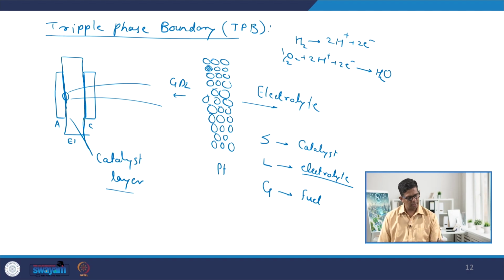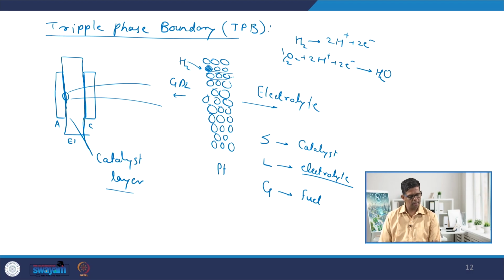So, if you are interested in this location in particular, and hydrogen reaches this particular site, in other words we have the gas, that is fuel, present at this location, we also have the catalyst present there, and this electrolyte, when we fabricate the electrodes, which we will see in upcoming lectures.